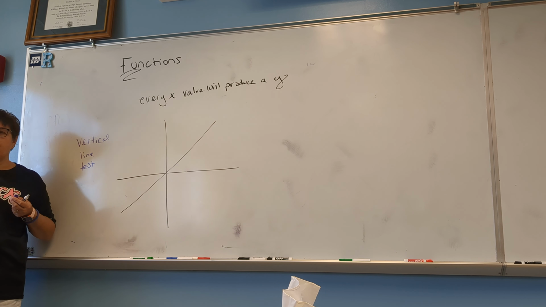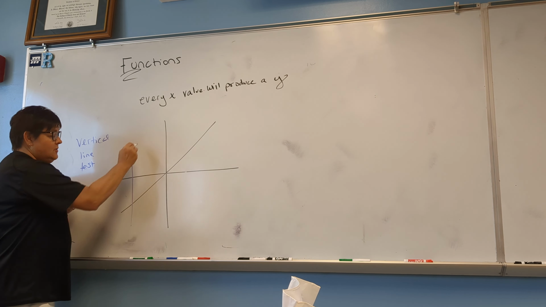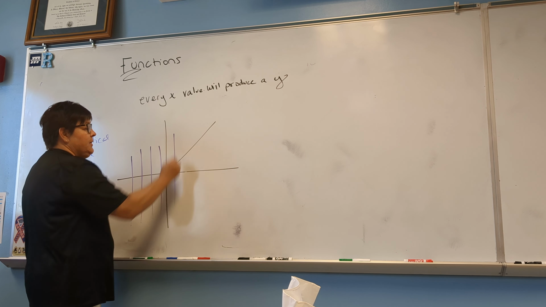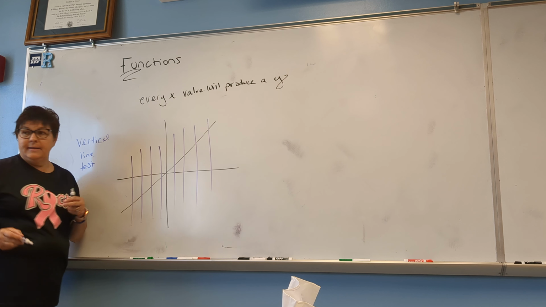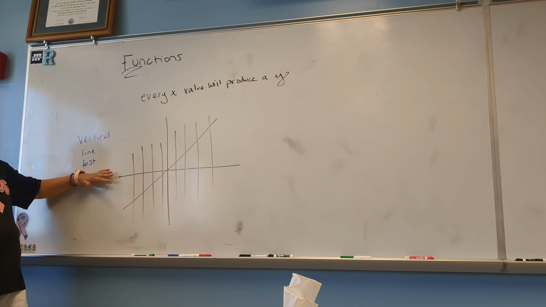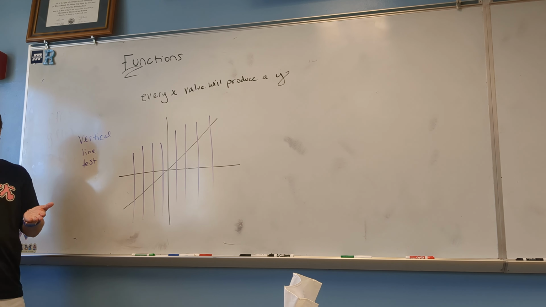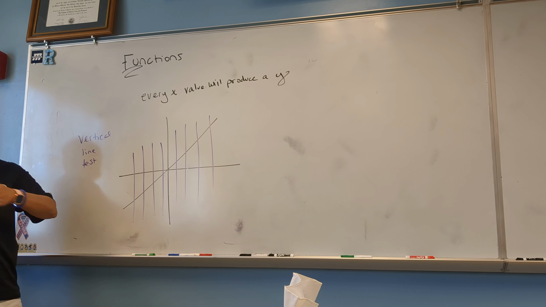Not horizontal, but vertical. So take this beautiful line and draw an infinite number of vertical lines through it. We are doing the vertical line test. It indeed is a function because my vertical lines only hit that line once, which is great.